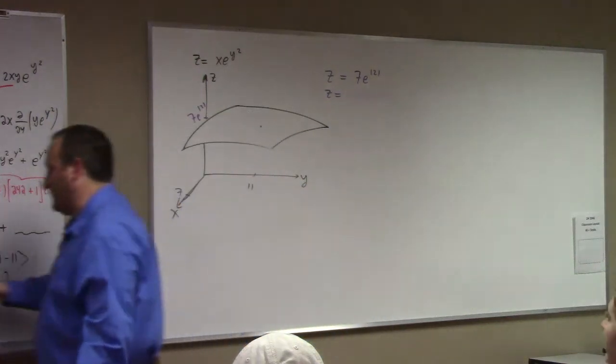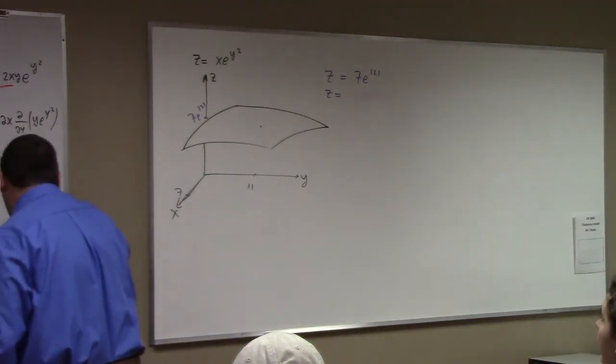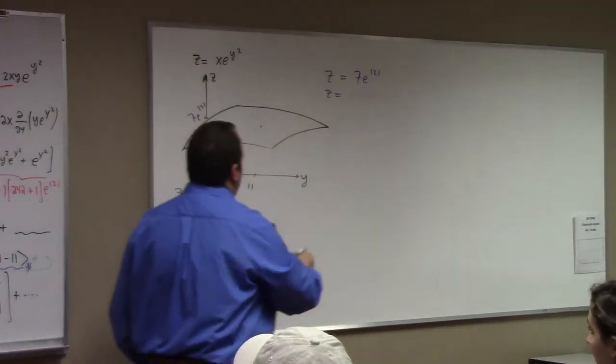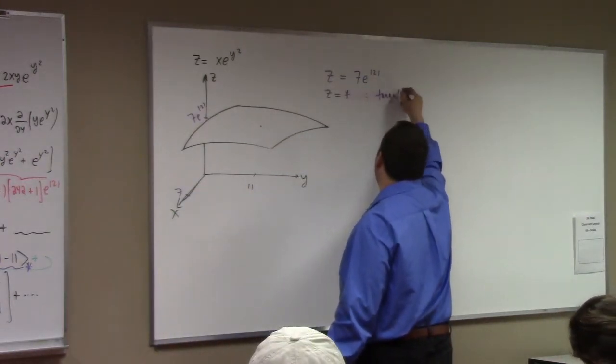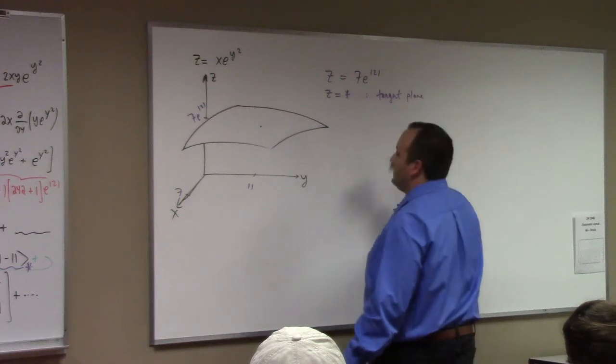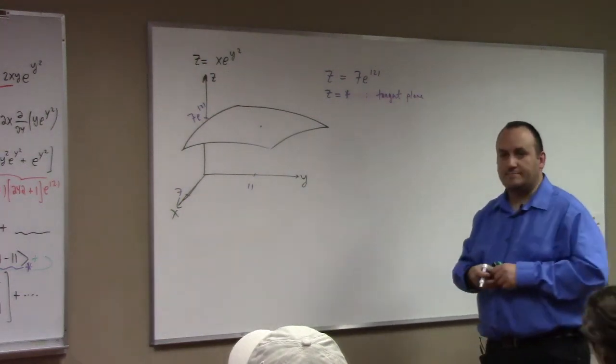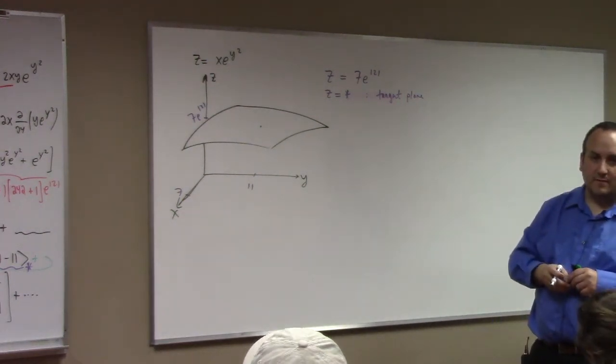I'm sorry, I'm not going to write it again. This stuff right here, star. z equals star. This is the tangent plane. Well, the solution set to that is the tangent plane through that point, right?